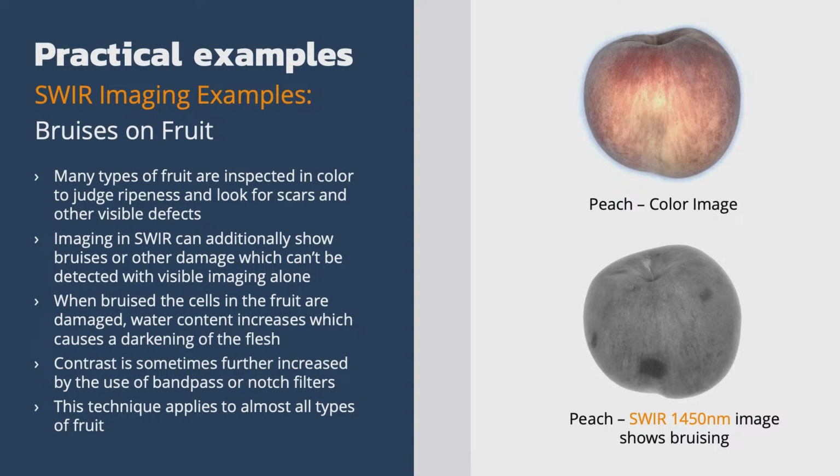With that imaging, you can see a monochrome image, and you can easily see the bruises standing out. When you have bruised and damaged cells, the boundaries break down, and those areas begin to absorb more water out of the flesh of the fruit. And it's in fact that higher water content which is turning dark in the SWIR range, which then makes it stand out in these images.